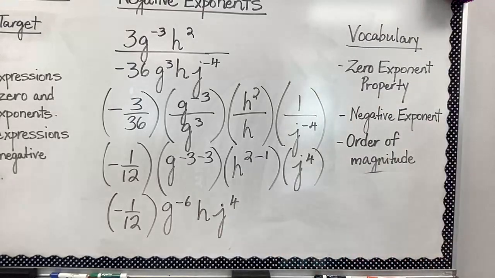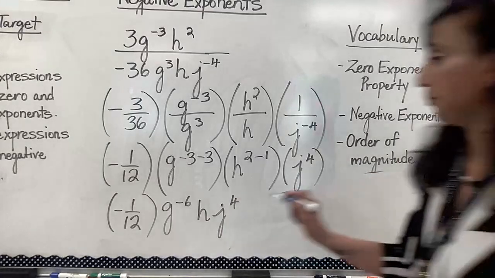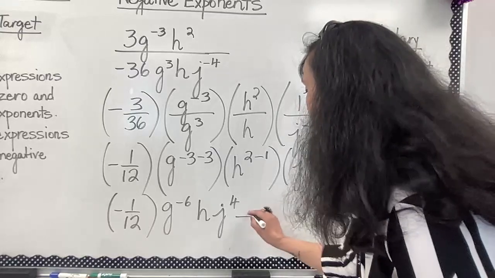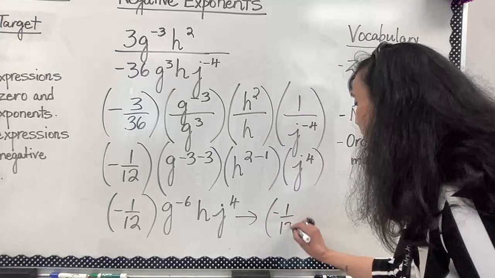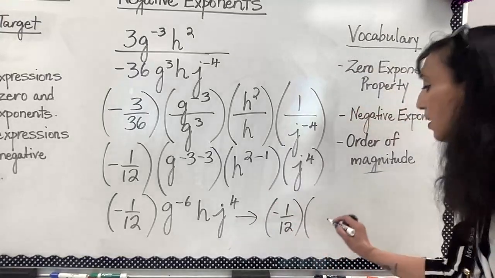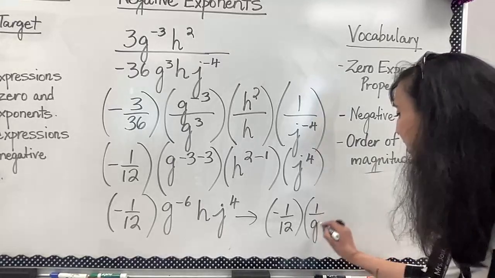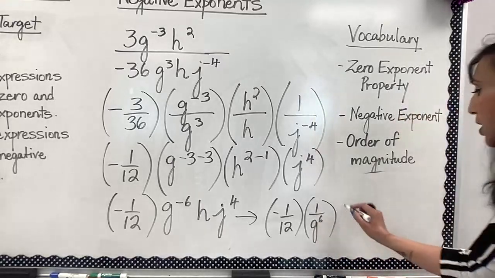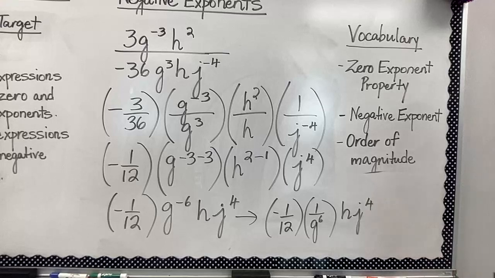So that is going to give me negative 1/12 times 1 over g raised to the 6th power h j raised to the 4th power. And so my final answer is going to equal the simplified form.